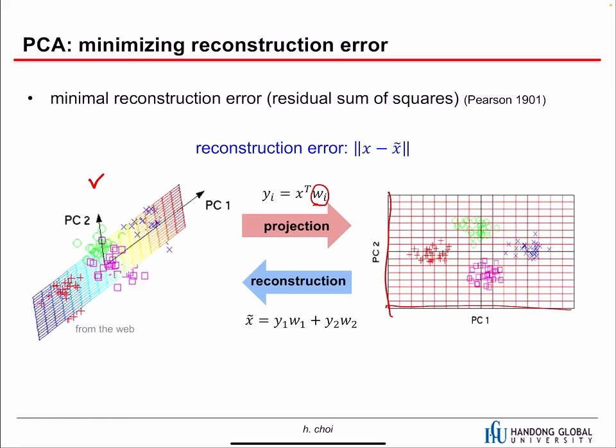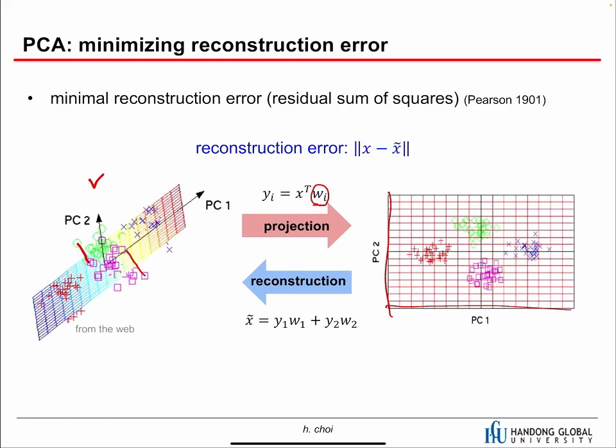So we just project it, and then after projecting, we can reconstruct these three-dimensional samples from the two-dimensional space. So when we actually reconstruct, we lose this much information.